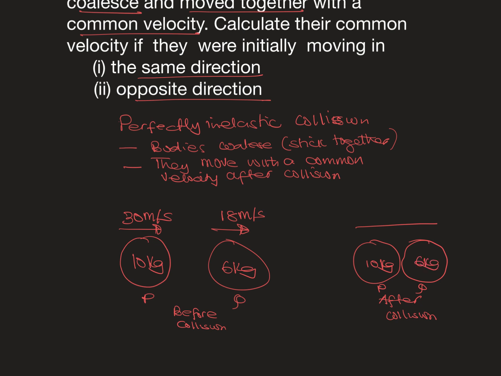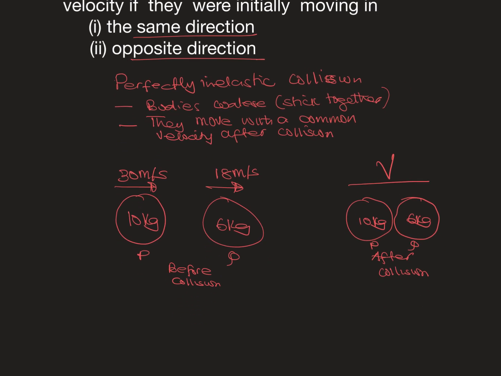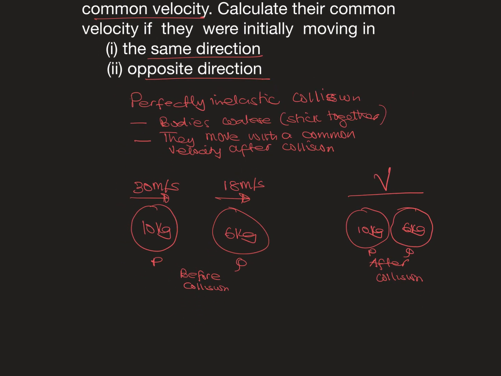It is asking us to find their common velocity V. Because the bodies were initially moving in the same direction, I can comfortably say that the final velocity will be positive, because initially they were both moving towards the right. But if one of them is negative initially, then the final velocity could either be positive or negative.